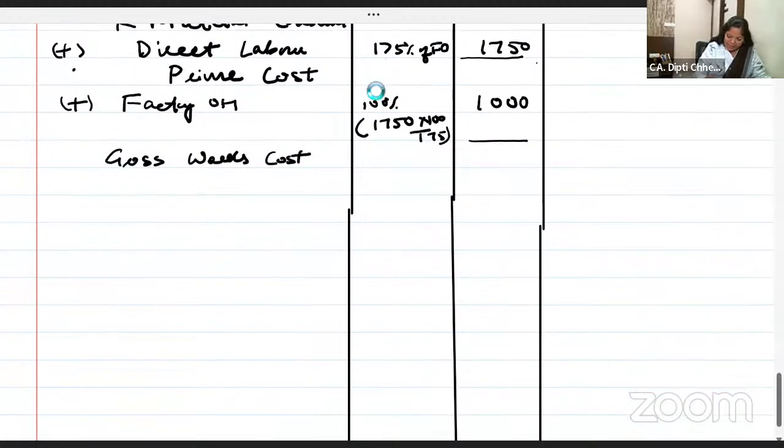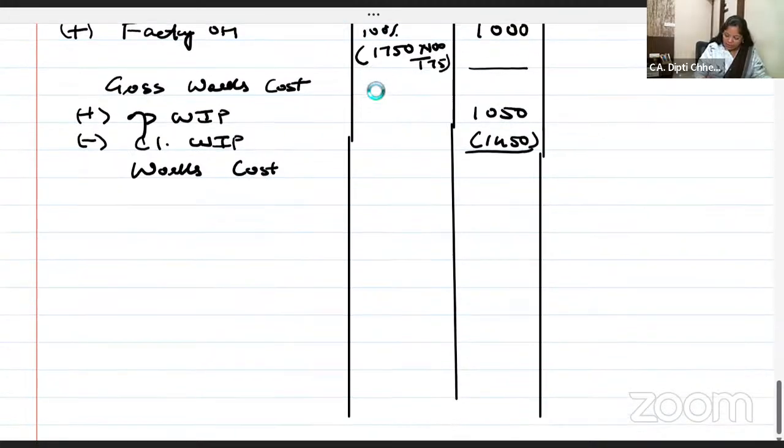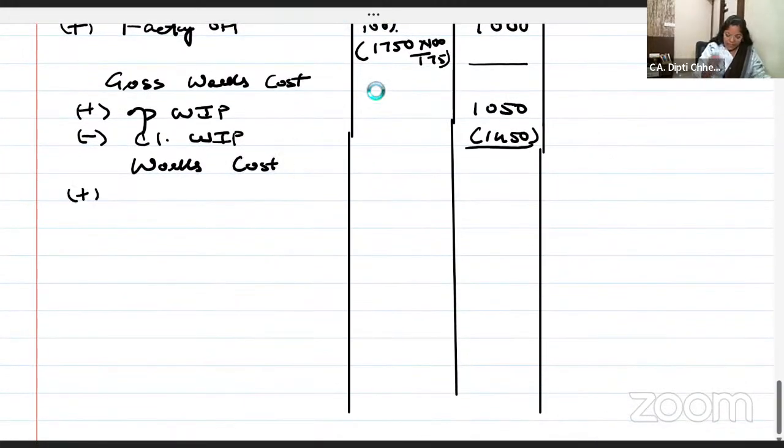We can't calculate the amount now. And opening work in progress, 1050, minus closing work in progress, 1450. You get the works cost. Add factory overhead.